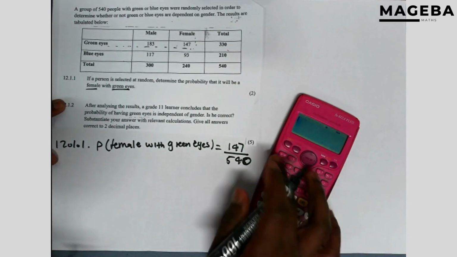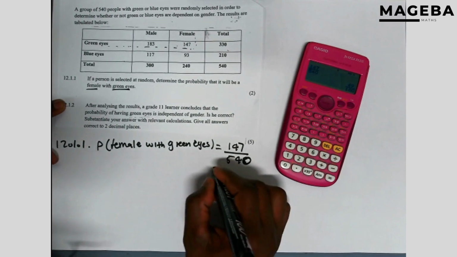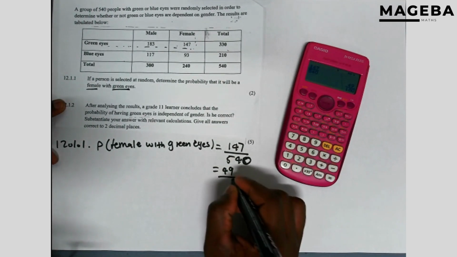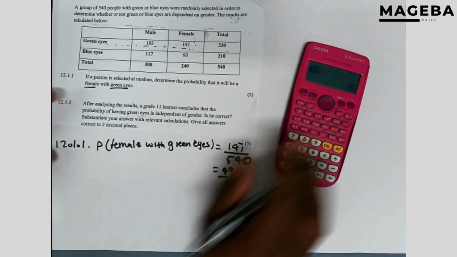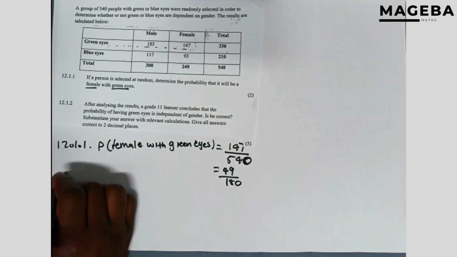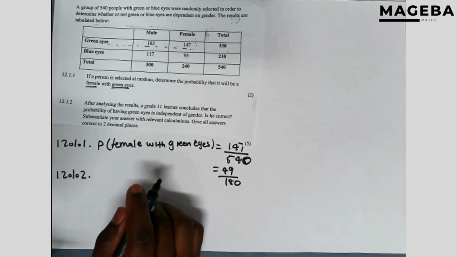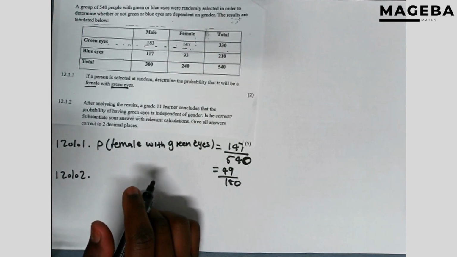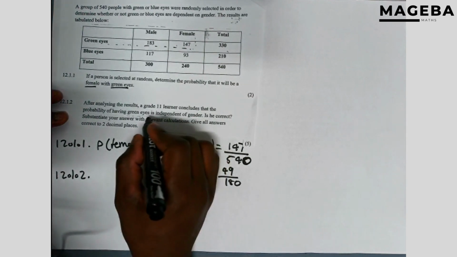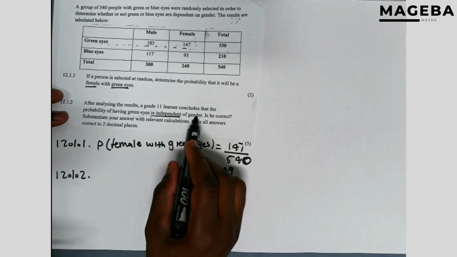Let's see, we can simplify this. 147 divided by 540 gives us 49 over 108. I hope you understand that one. And then going to 12.1.2. Now, after analyzing the results, a grade 12 learner concludes that the probability of having green eyes is independent of a gender.